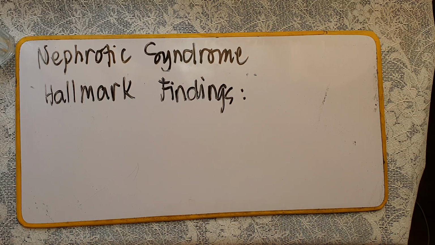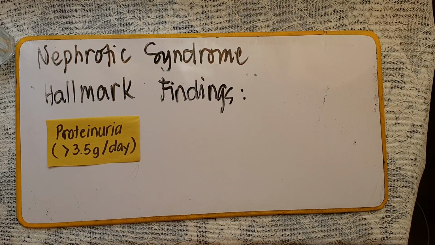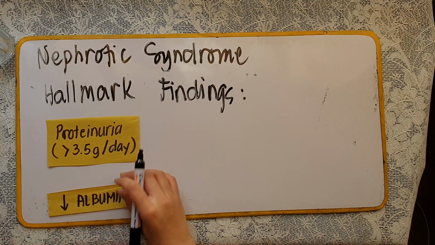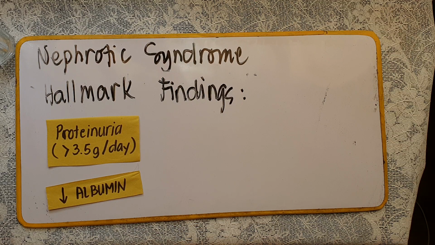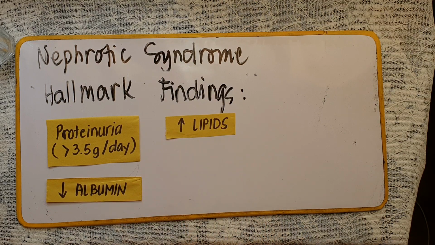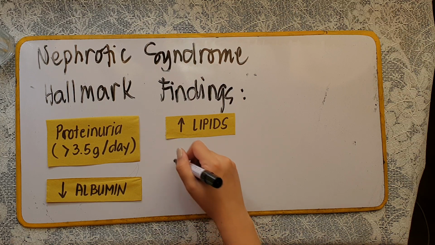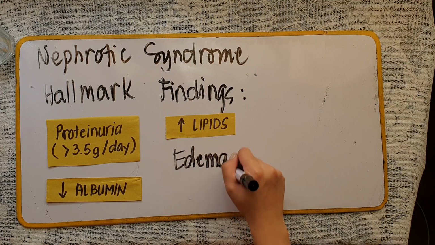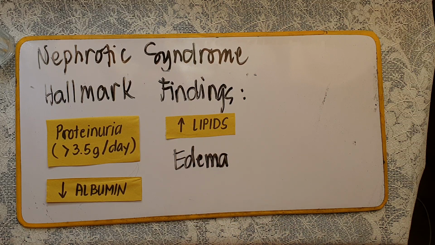Hallmark findings of nephrotic syndrome include massive proteinuria, usually greater than 3.5 grams per day, low levels of serum albumin, high levels of serum lipids, and pronounced edema. The patient develops edema.